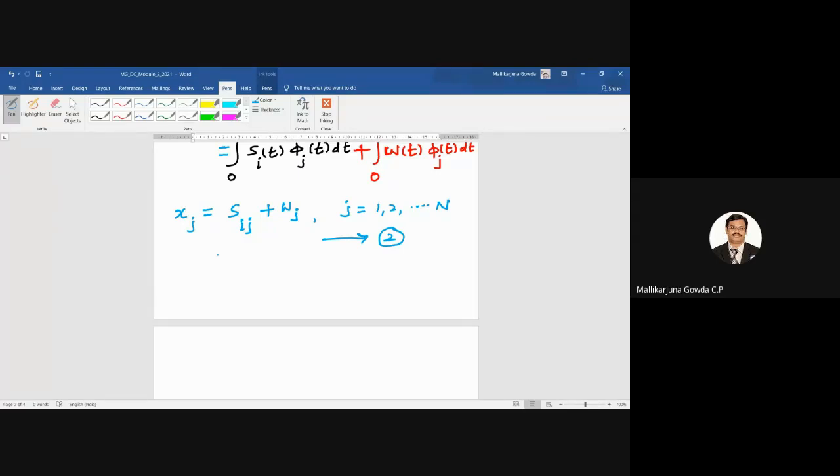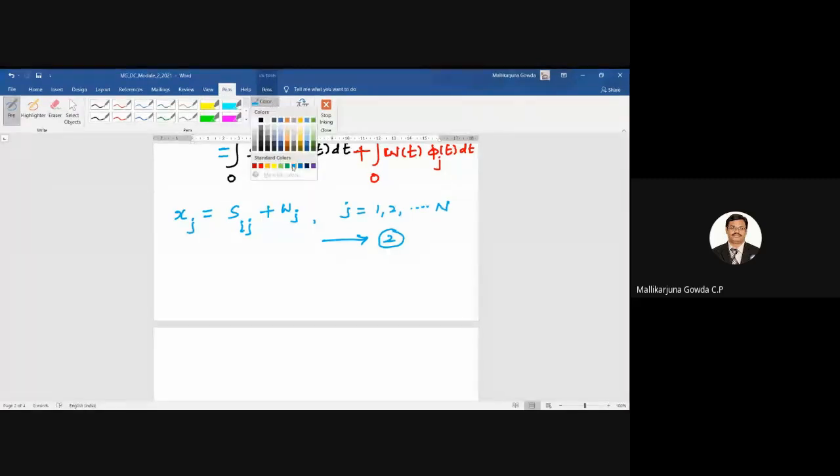These are basic things which you have studied, different types of signals. I wrote xj is equal to two terms, Sij plus Wj. Out of these two, which one can I call a deterministic component, and which one a non-deterministic signal?